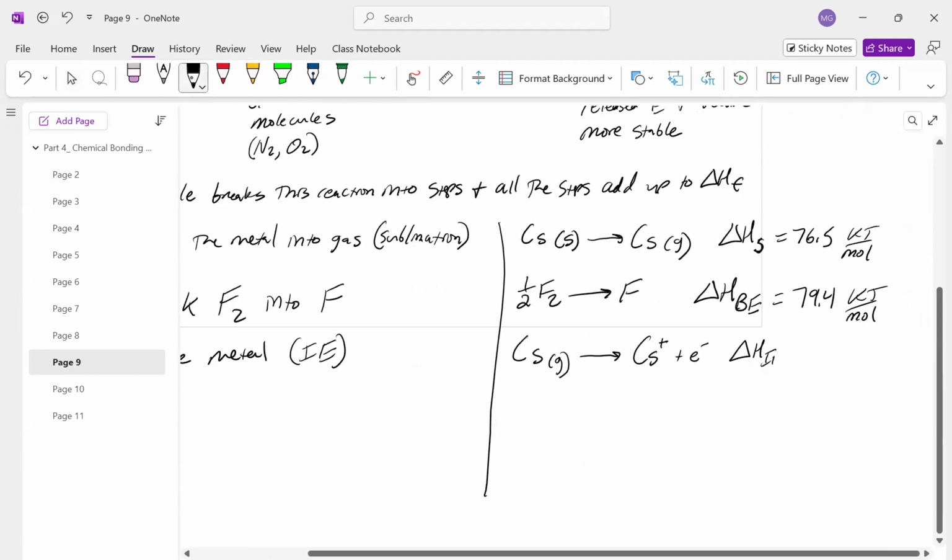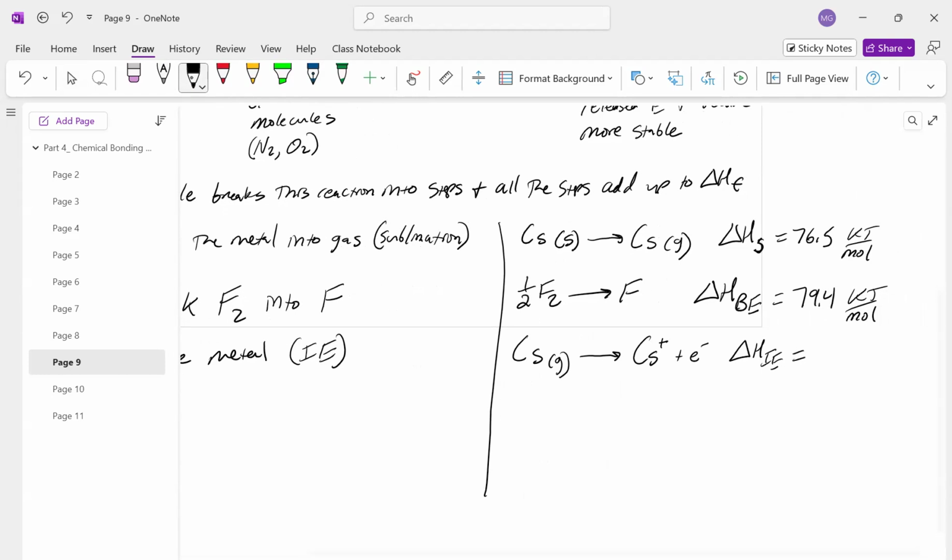So that ionization energy required is 375 kilojoules per mole. Remember back when we talked about ionization energy, this is how much energy is required for an atom to give up an electron. You still have to put energy into it in order to form that ion.